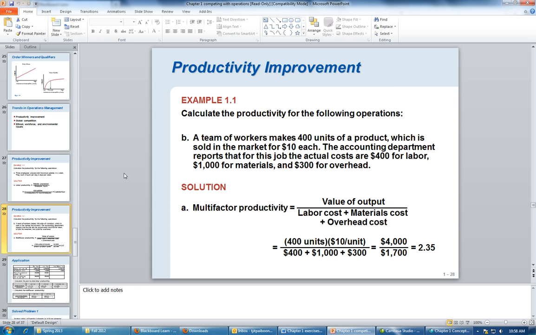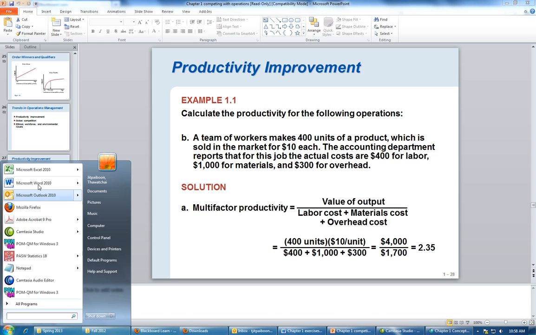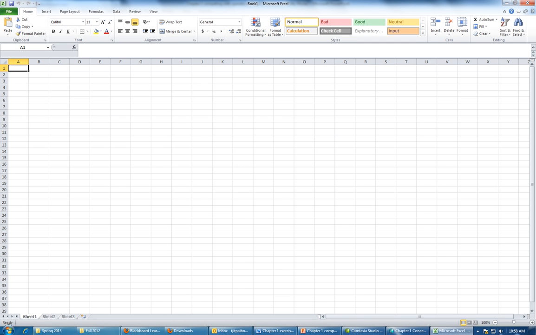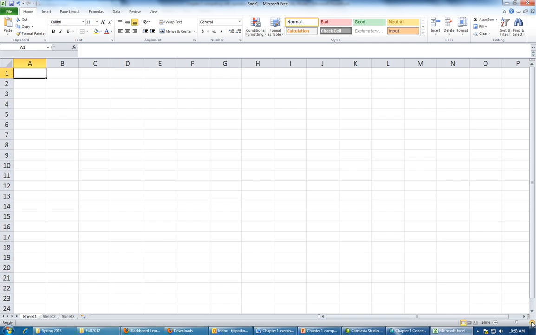With this example, we can experiment on exercise 1.1, for which we are going to use Excel. On the Excel, I'm going to put the exercise number at the bottom. I hope that is large enough.